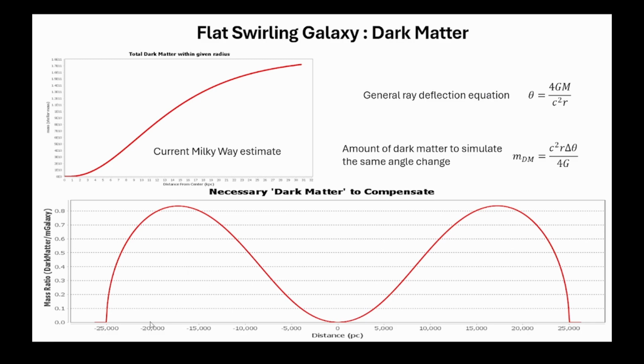And so what this is showing is that in order to create the same deflection with a point mass, you're almost doubling the amount of mass in the galaxy. And so that's not quite as ambitious as dark matter models with the 5 times or 6 times, whatever it is now, but it is something that in a very mild case, we can show, and especially right at the wings, which is kind of interesting, is that we're generating this kind of fake mass signal.